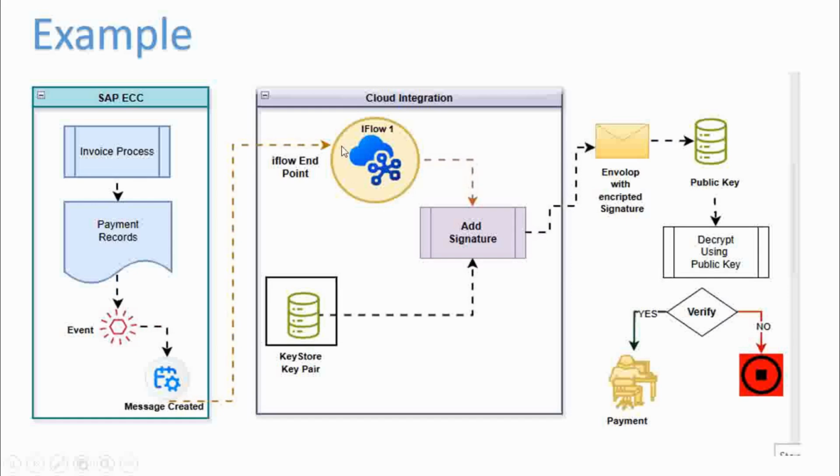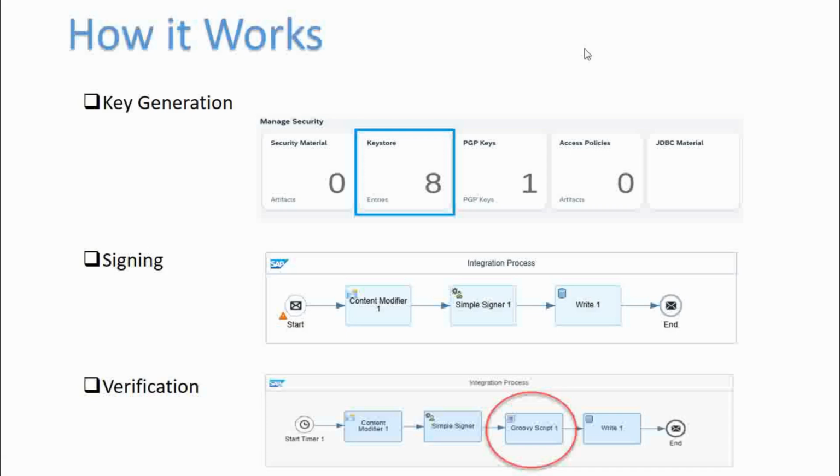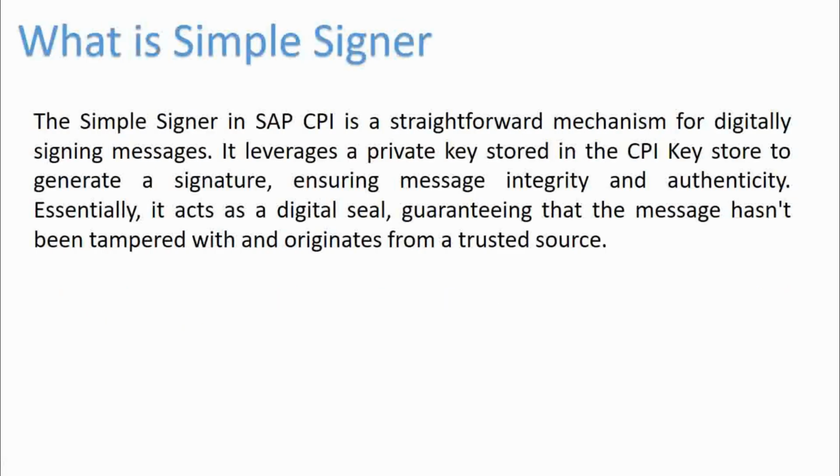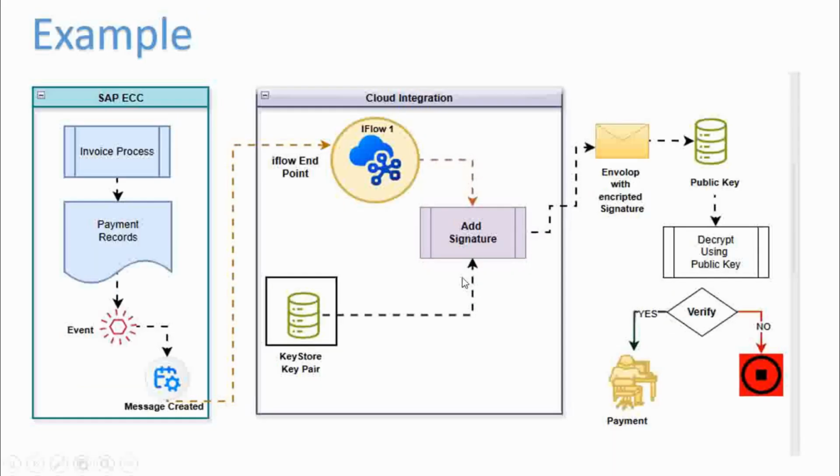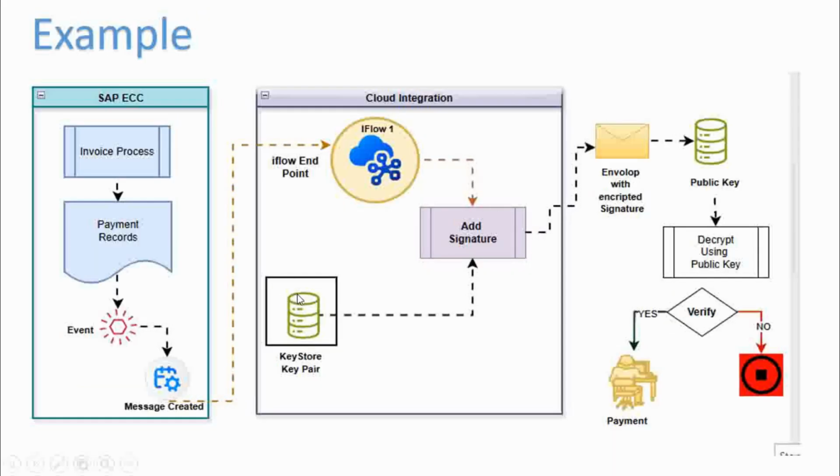As I explained to you, the iFlow will use the keystore and generate the signature. Using the keystore, it will generate the signature, and all together it will be sent to the receiver side. The receiver will have an envelope which contains a header parameter with the signature and the body.